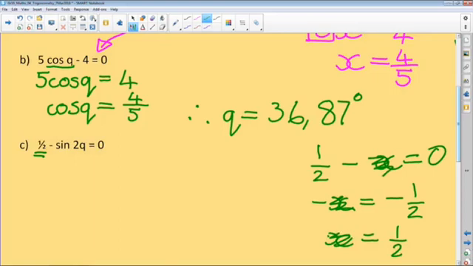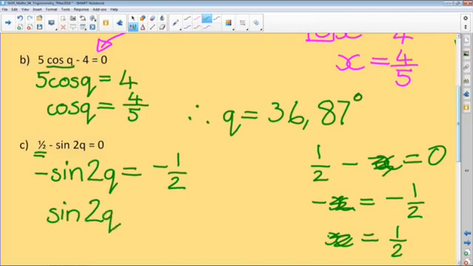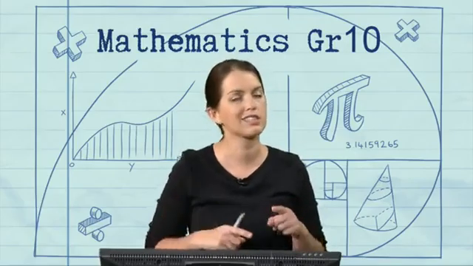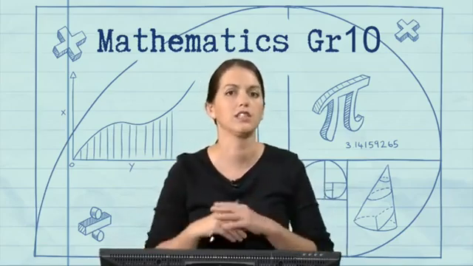I'm going to take the half over to the other side, leaving me with negative sine 2Q is equal to negative half. I don't like the negatives, so I'm going to get rid of them, and the way I get rid of them mathematically is I'm multiplying both sides by negative 1. Okay, grade 10s, by this point you should be looking at it and going, but usually it says sine Q and not sine 2Q.